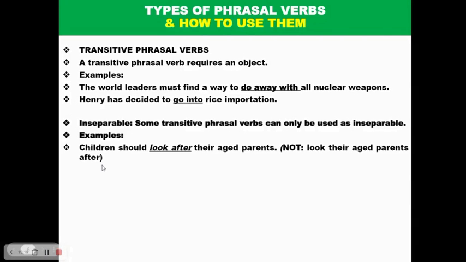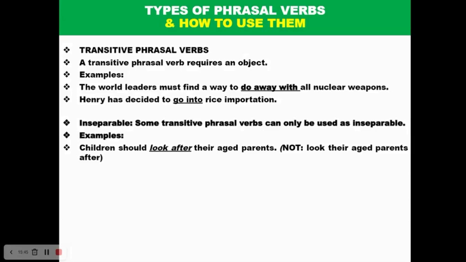Let's look at examples. Children should look after their aged parents. The transitive phrasal verb here is look after. This means that you cannot lift the object, their aged parents, and put it between look and after.